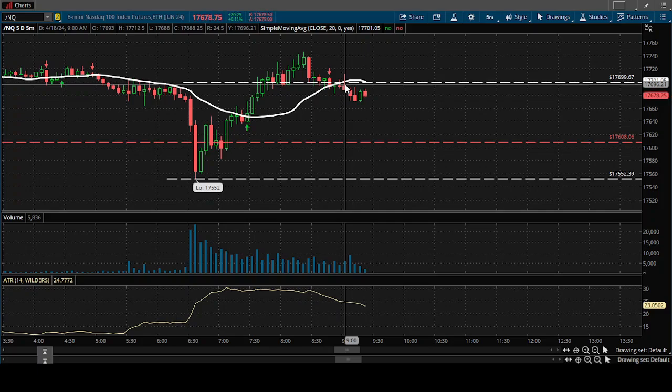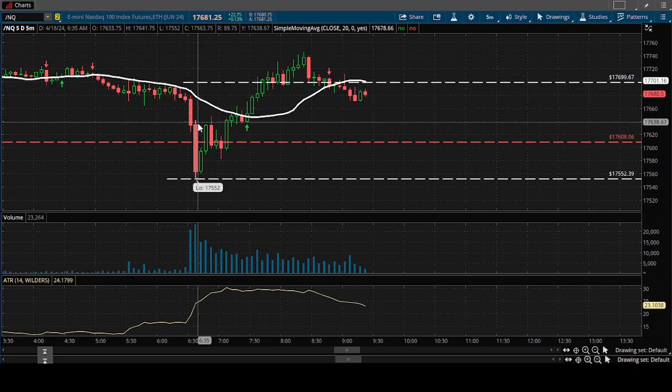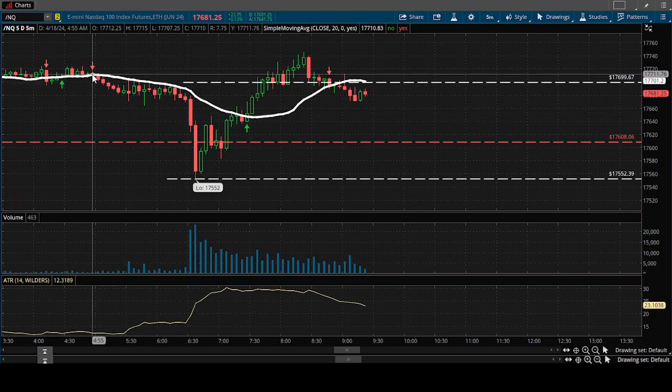When I say look for your setup, it's going to be around some of these levels and or an active 20 SMA play. If we notice leading into the market open, we were already in an active 20 SMA play short from around 5 a.m. Pacific Standard Time.